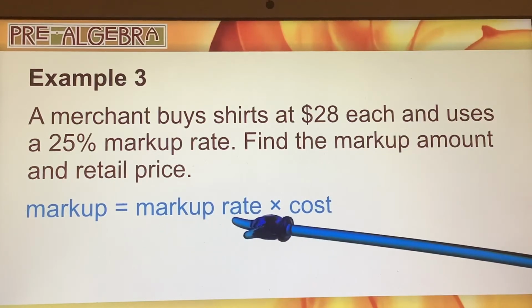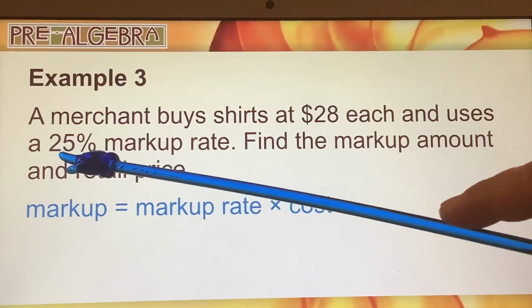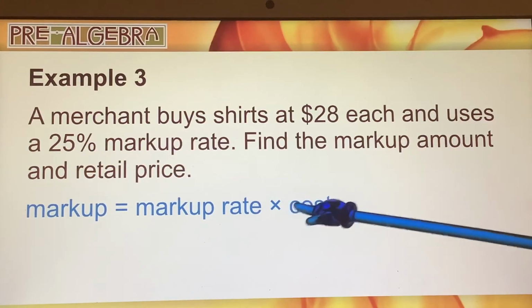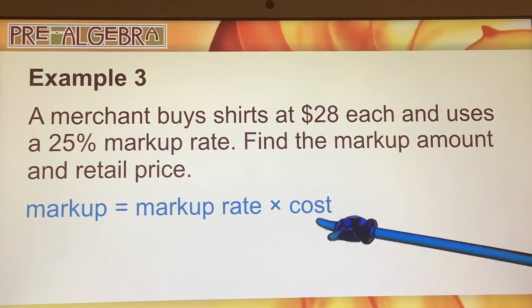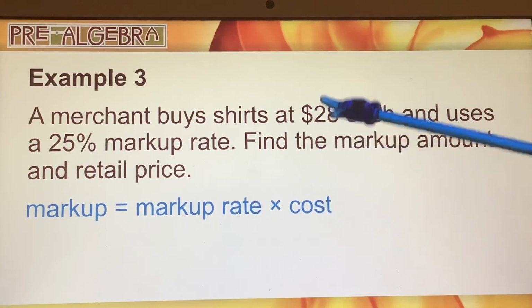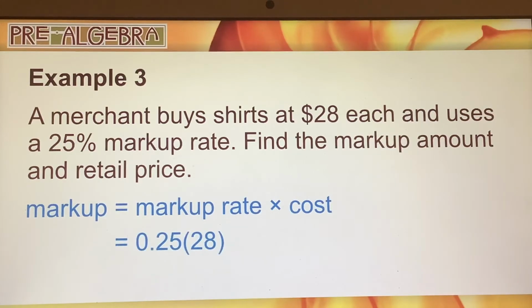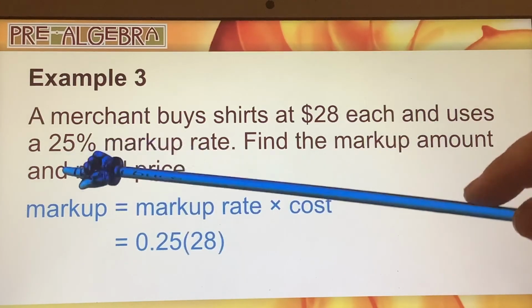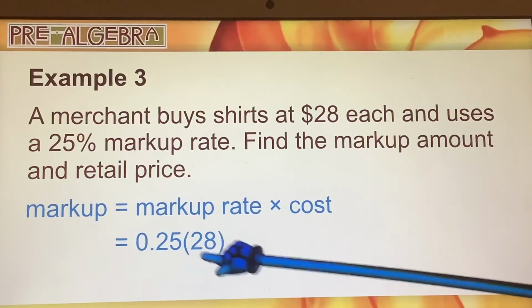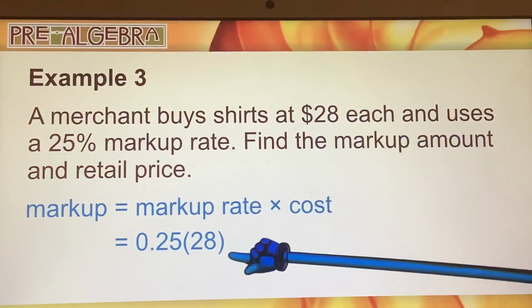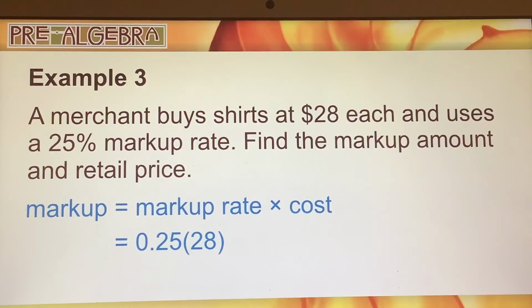Markup rate is the percent here, 25% markup rate. The cost, how much did the merchant buy the shirts for? They were $28 each, that's the cost. So when you plug that all in, 25% is the same as 0.25, times $28, and you get $7 after you multiply. That's the markup amount.